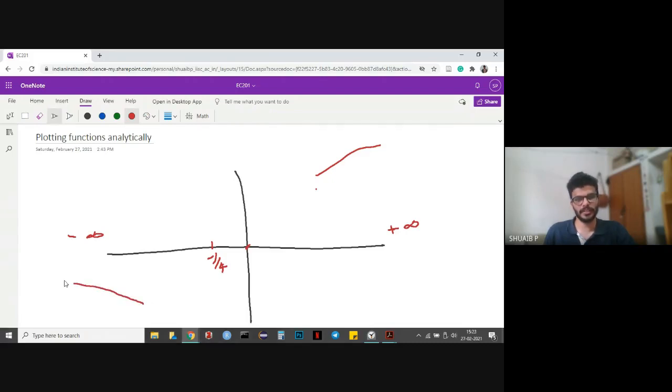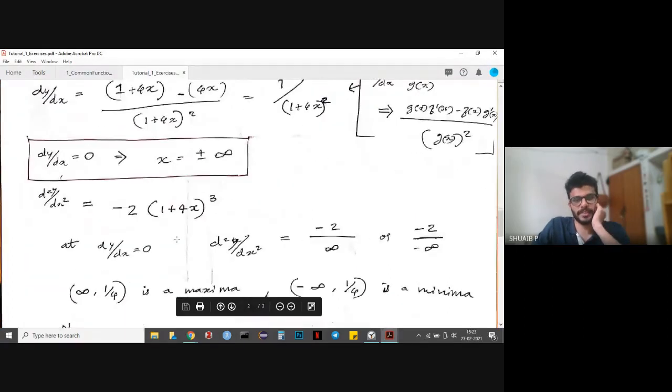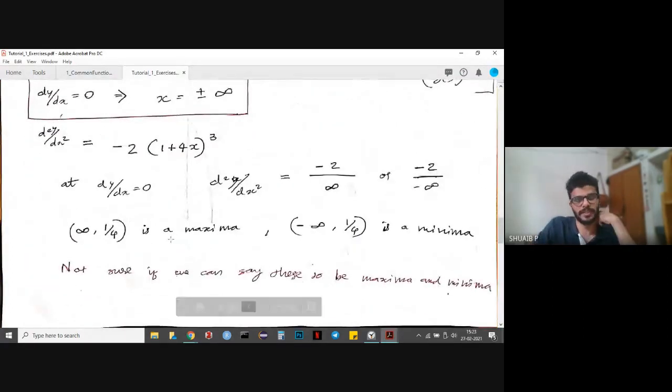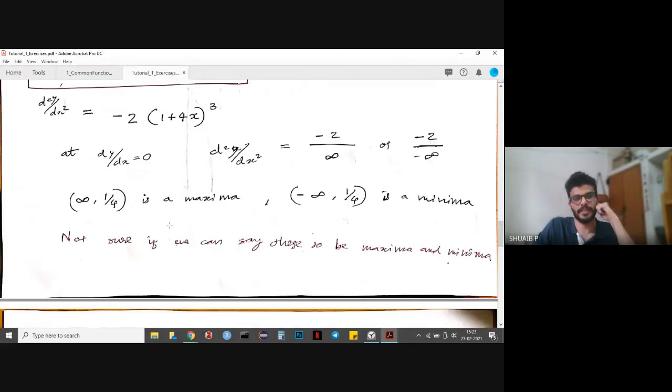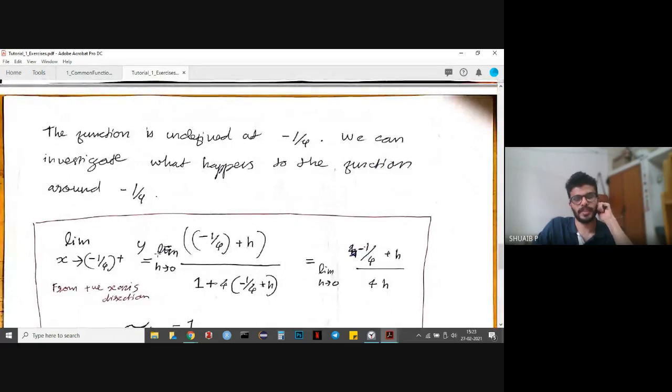So these are the three pieces of information that we got so far. To see which point exactly this function is tending to when it's approaching minus infinity and infinity, we'll have to see the limits of the function at both these points. First we can look at where the function is tending when the point is minus 1 by 4.